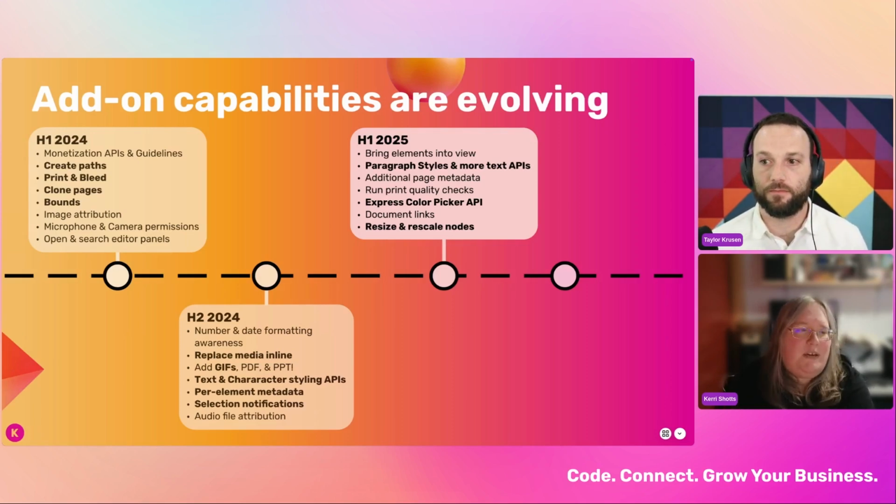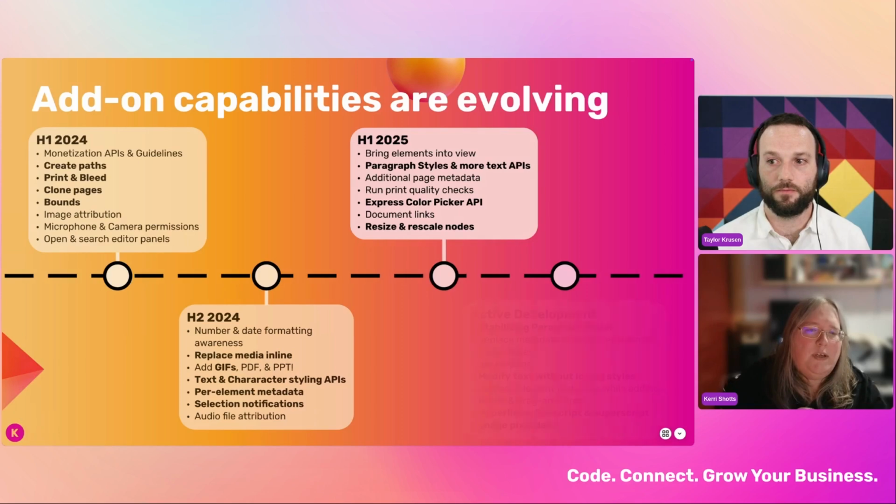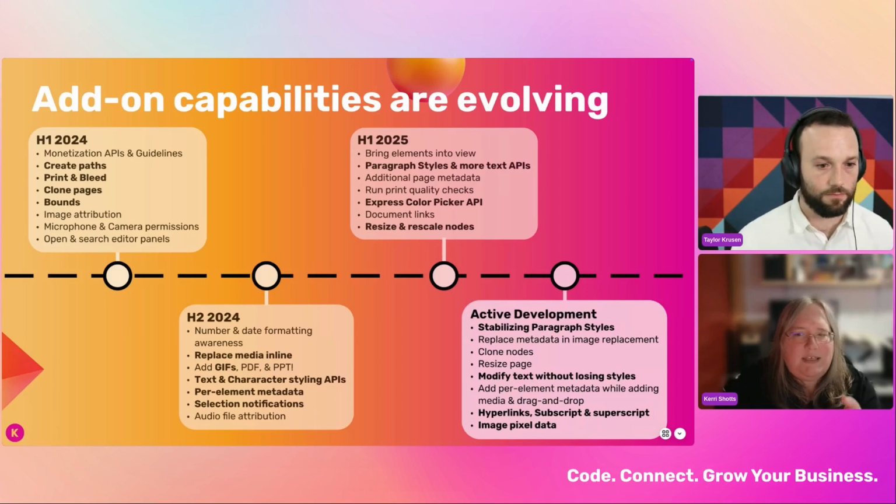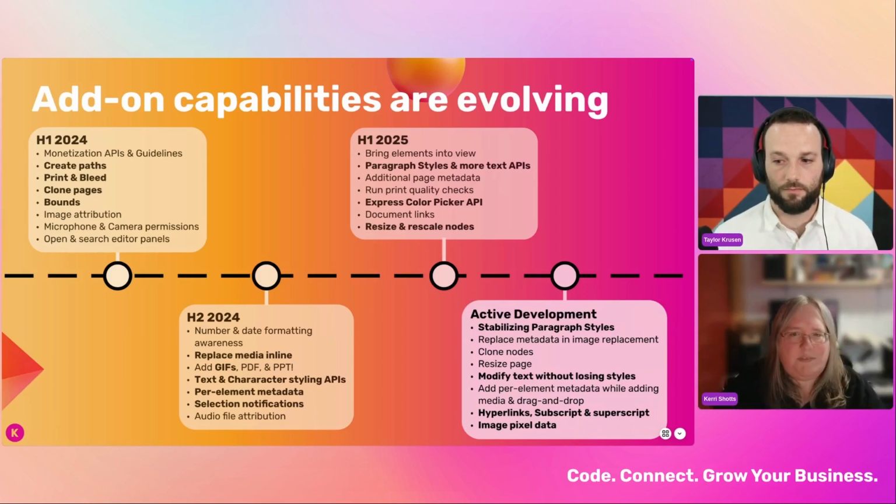But we're not stopping there. We're doing a ton of work in terms of building new capabilities as well. A few things that are under active development right now are stabilizing those paragraph styles so that you can use those in your add-ons. We're also working on adding the ability to replace metadata in the image replace flow.